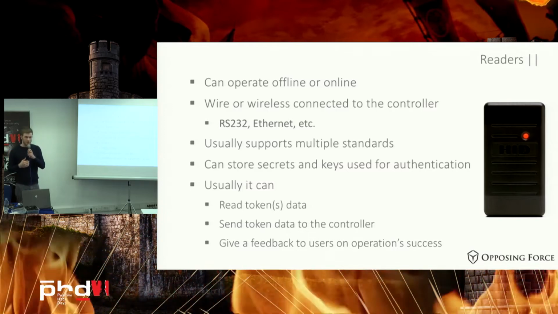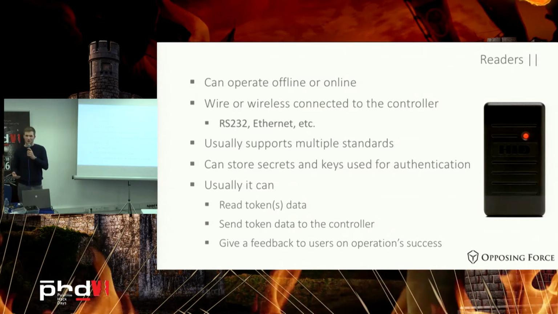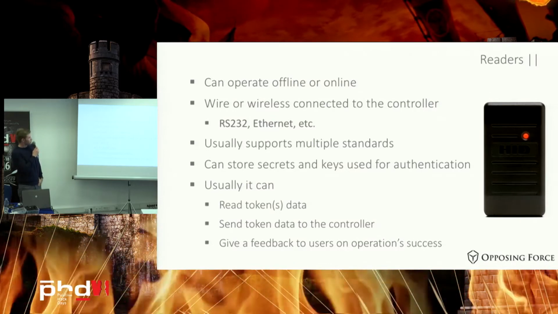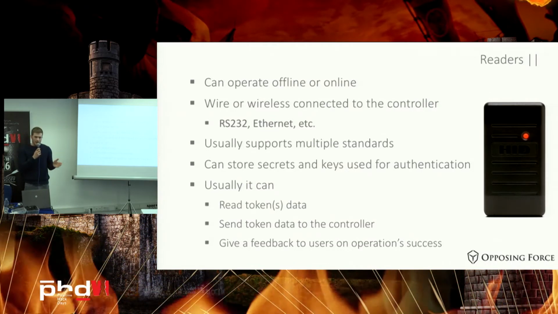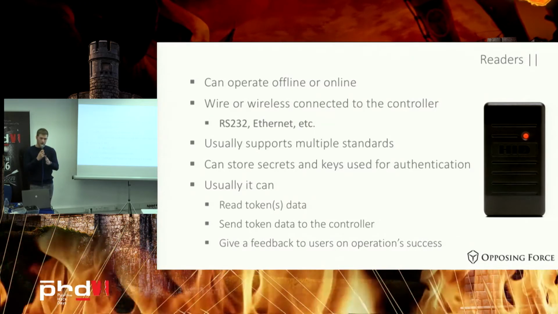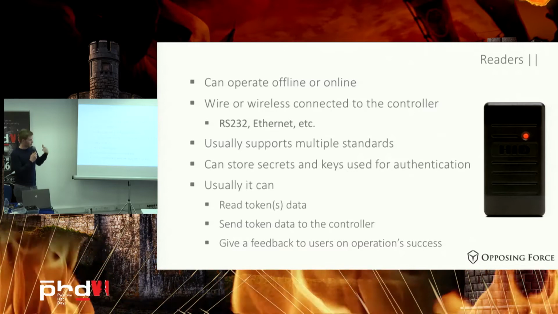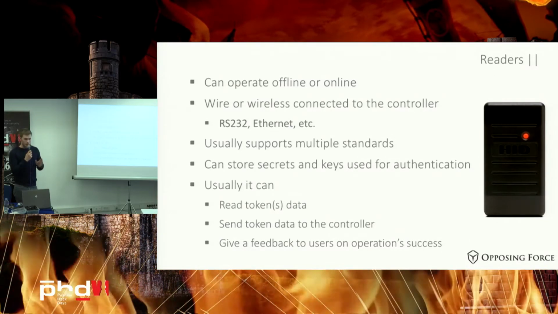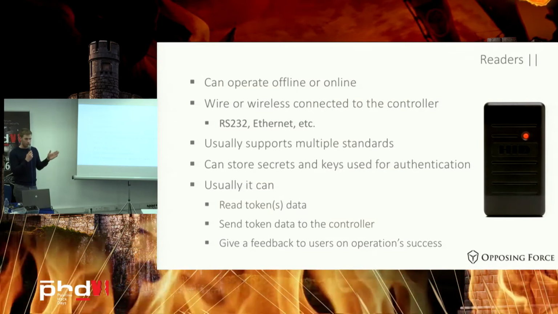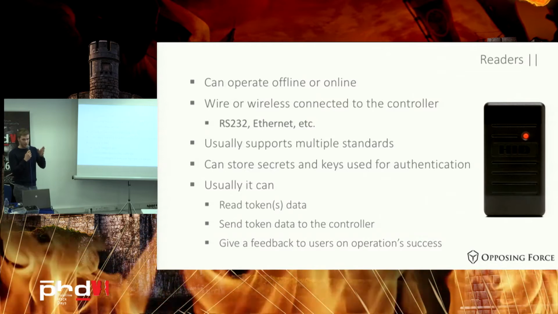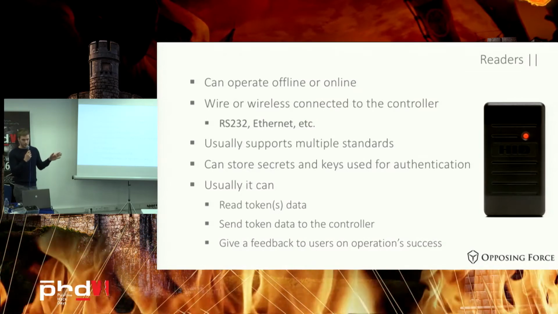There are too many people here. I don't have enough hardware for you. I'm sorry. Readers usually support multiple standards, so you can use MIFARE Classic, MIFARE Classic Plus, MIFARE DESFire, MIFARE Ultralight. They are all compatible. They can store secrets and keys for authentication with those tokens. So as we saw before with HID, every reader has the same keys to access the tokens.